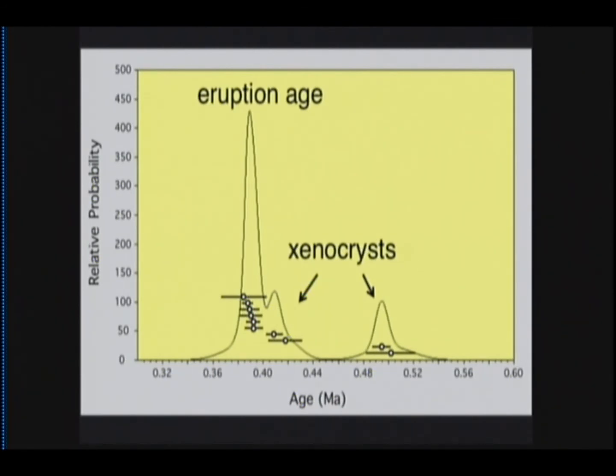But this is really the essence of what these single crystal age populations is all about. It's being able to resolve different modes, being able to recognize the effects of xenocrysts. And in some cases, you find results that are a little bit younger. And if they're resolvably younger, according to various statistical tests, you can infer that it might be due to alteration. That's the main cause for that.